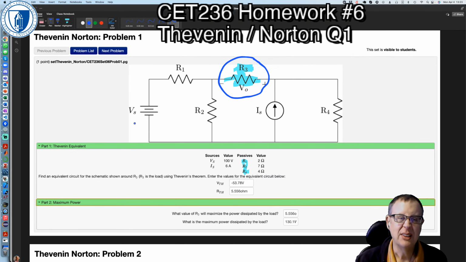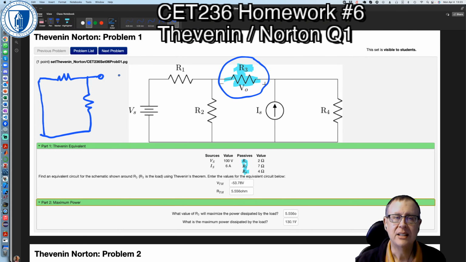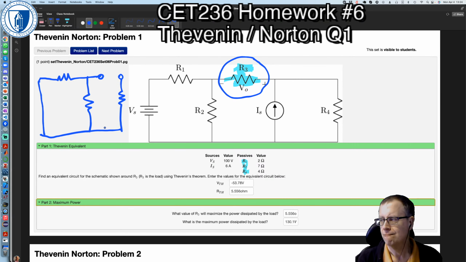Replacing Vs with its ideal will give us a short or a wire, and then we're just left with R1 and R2 on this side, and on the other side we replace Is with its ideal, which is an open circuit, because current sources are just open circuits when we set their value to 0.